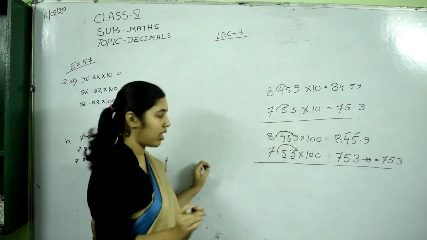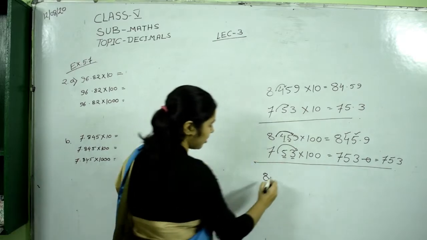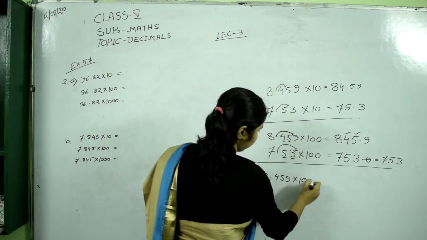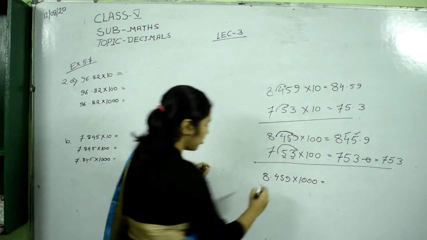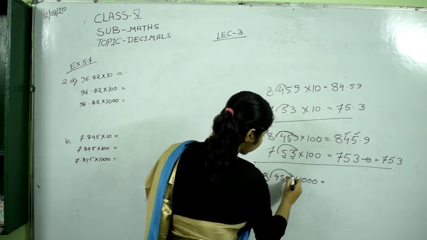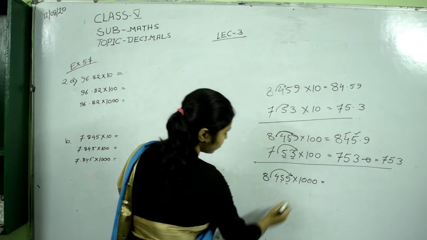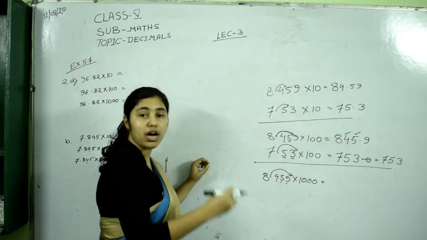And the last fact is, if we multiply the same number with 1000, the decimal point will shift three decimal places to the right. 1, 2, 3.